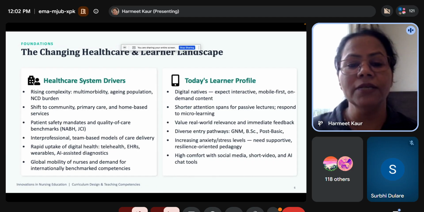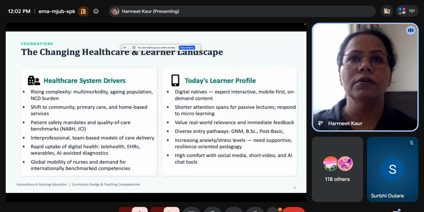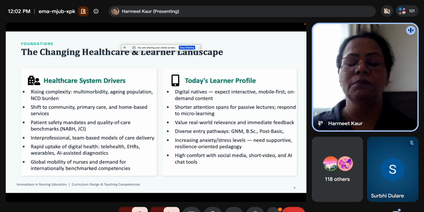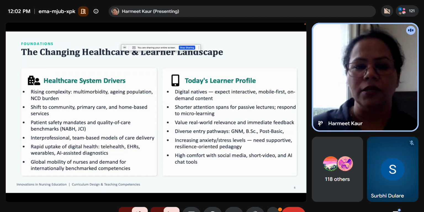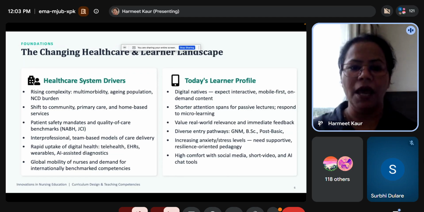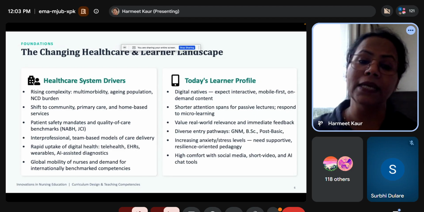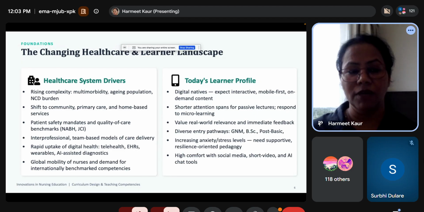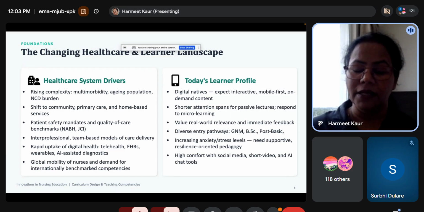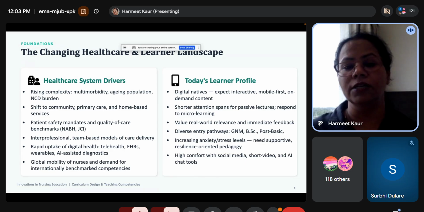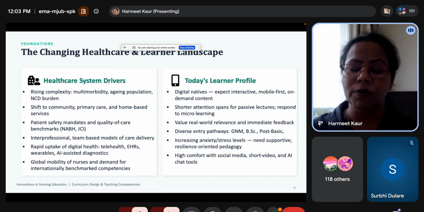Then there are interprofessional team based models. Nowadays, people have to work in a team, in hospital or in community area. Nobody can work in silos. So we have to prepare our students for team based models of care, where they are able to work in a team, so that they are able to manage the healthcare issues with proper critical thinking and clinical decision making.